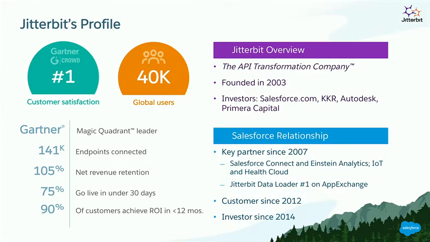So very much platform events is part of that. We've been a partner since the establishing of the partnership community in 2007. Salesforce actually became a customer of our own in 2012, and they since have invested into Jitterbit as well.